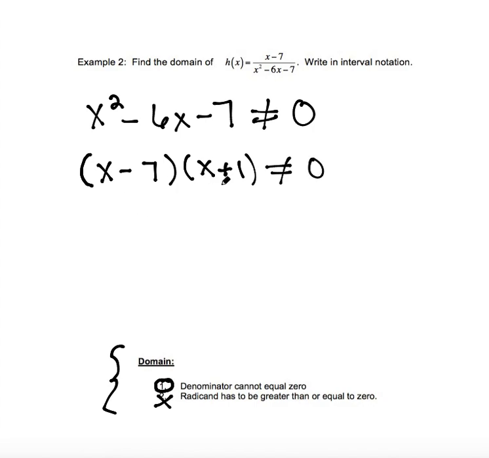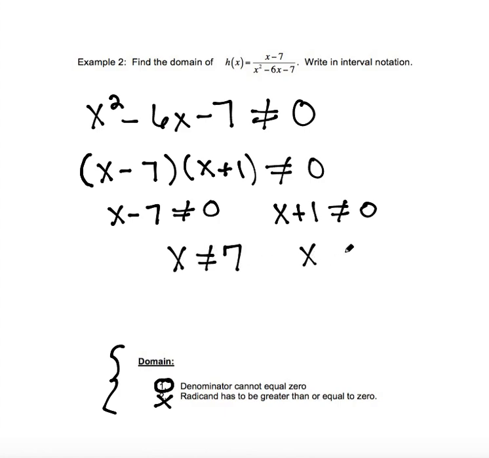Then I take each factor and set each of those not equal to 0. So x minus 7 cannot equal 0, and x plus 1 cannot equal 0. So that leaves me with x cannot equal 7 and x cannot equal negative 1.